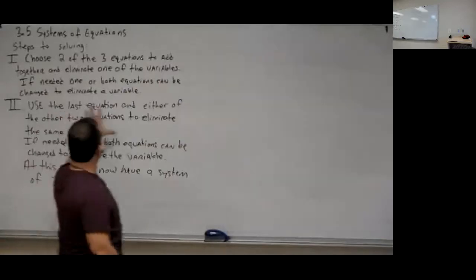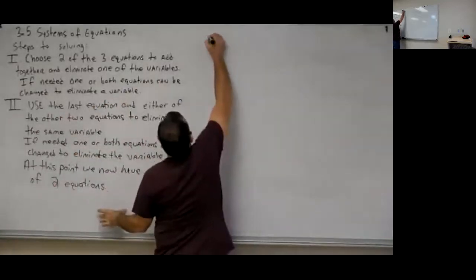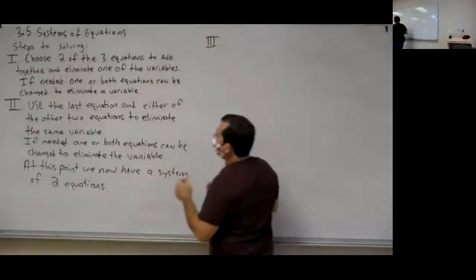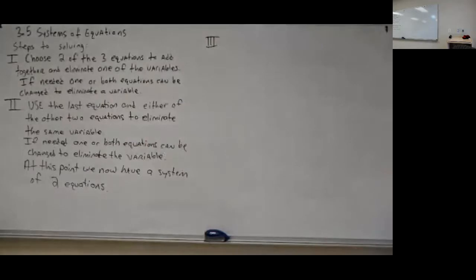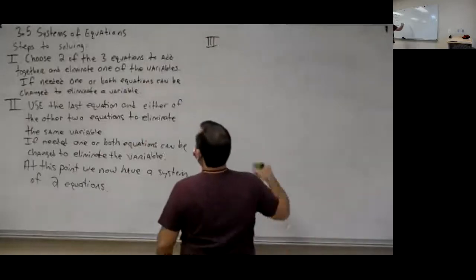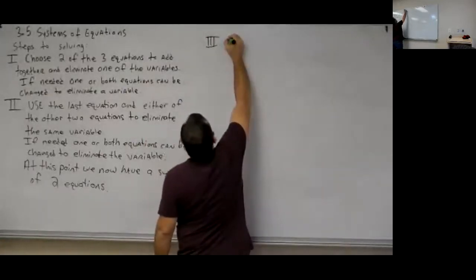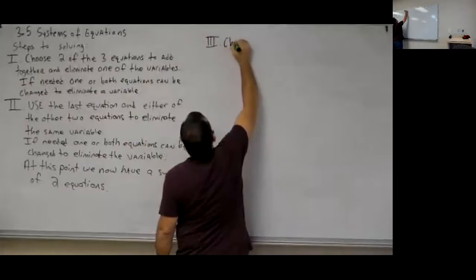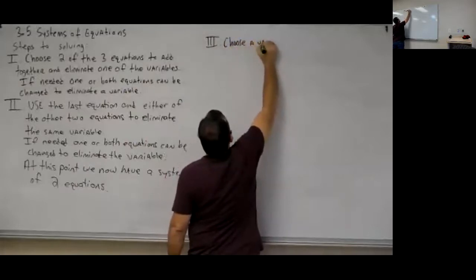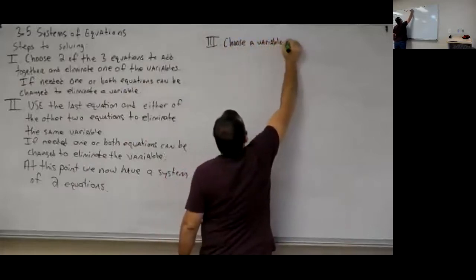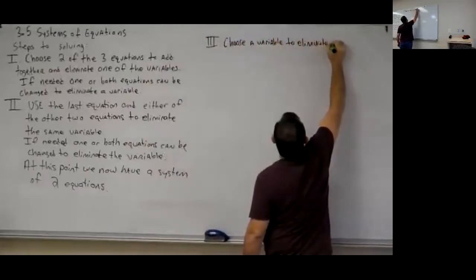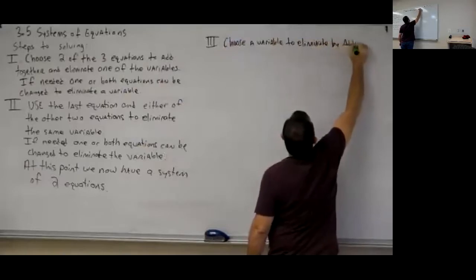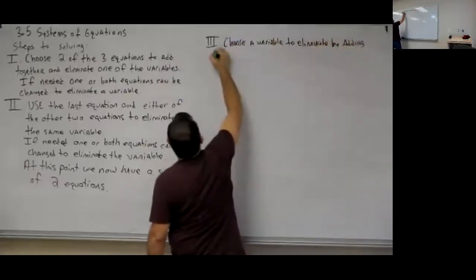I started with 3, now I'm down to 2 variables. So y'all, now that I'm down to two variables, I got to figure out what's the next variable I'm going to eliminate. So, choose a variable to eliminate by adding the two equations together.